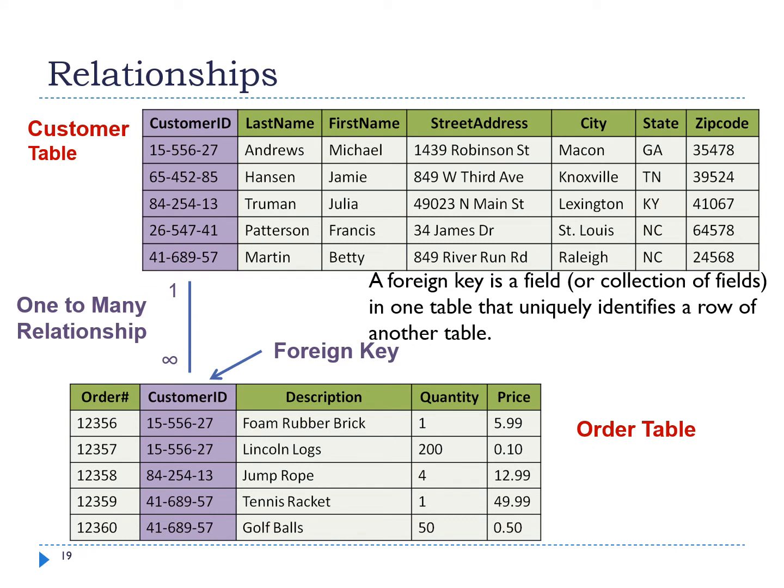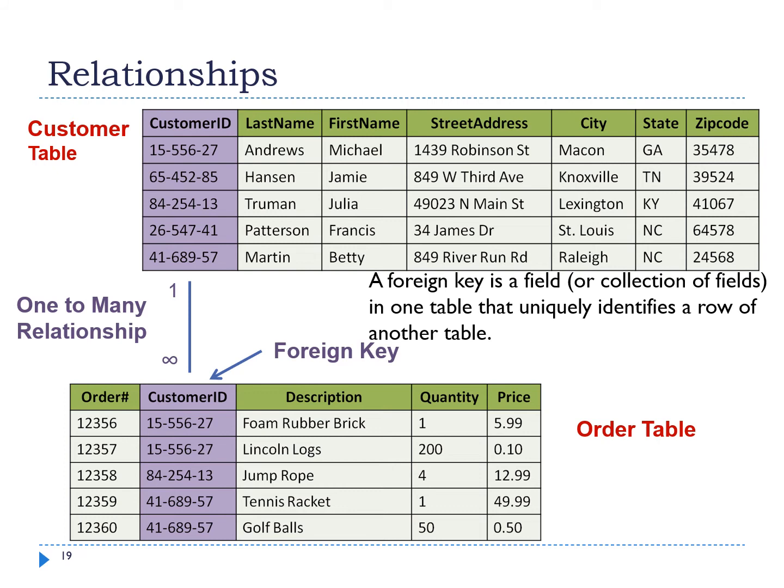A foreign key is a field in one table that uniquely identifies a row of another table. It is used to establish and enforce a link between two tables. In this example, we have a customer table, and customer ID is the primary key in the customer table.